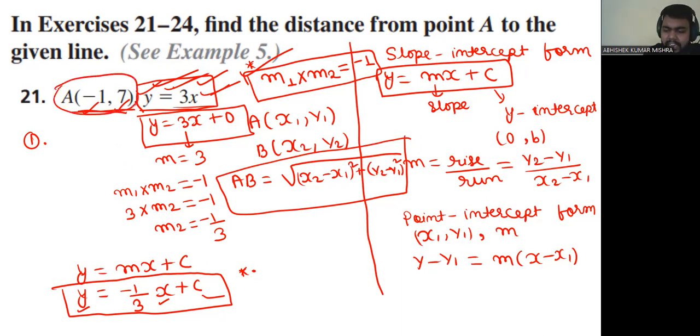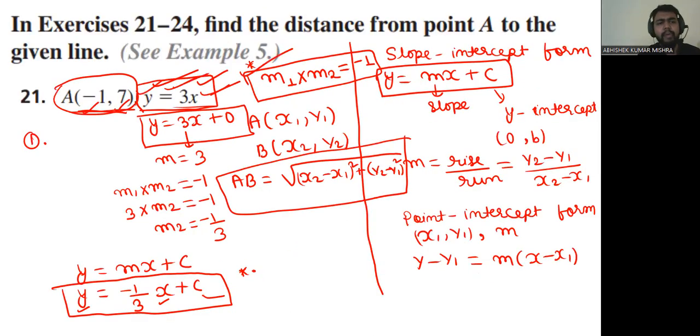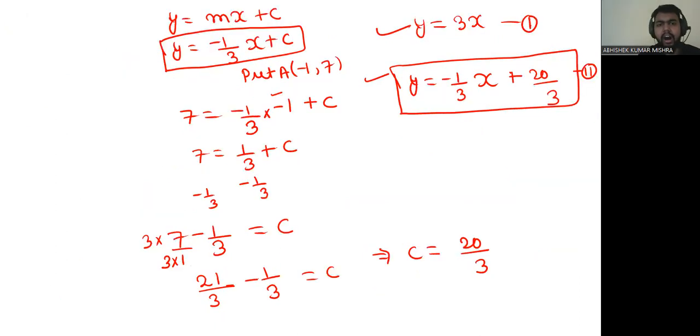After finding the equation of your perpendicular line, now you have two equations. Through these two equations, you can solve for x and y. Whatever the value of x and y you are going to get, that would be another coordinate, another point. The one point is given in the question, that is (-1, 7), and the other point you are able to find by this process, whatever I narrated right now.